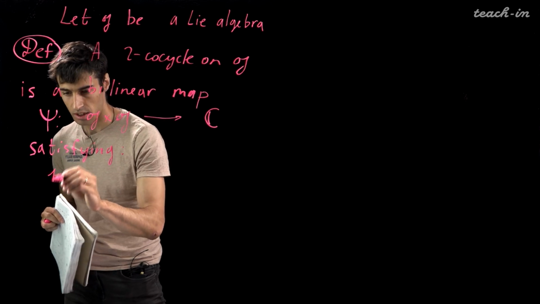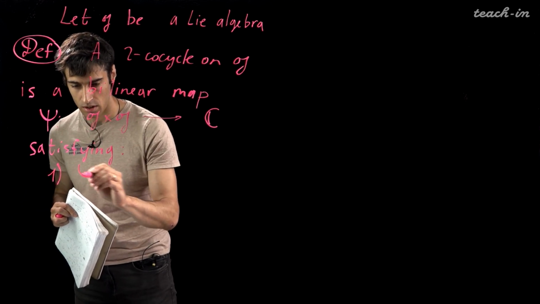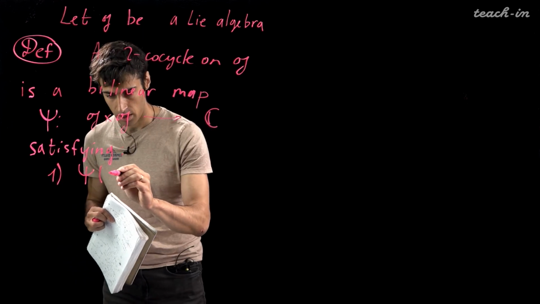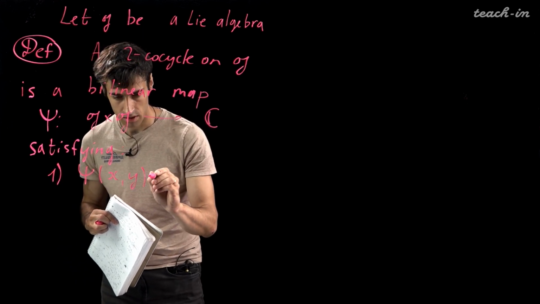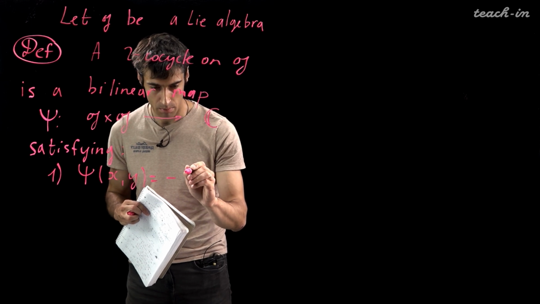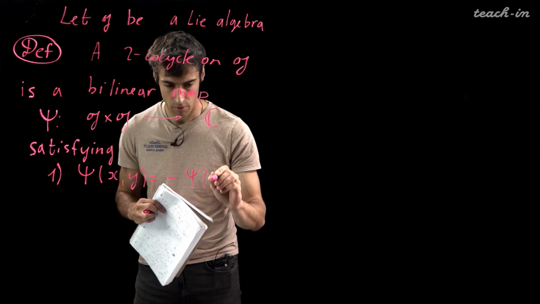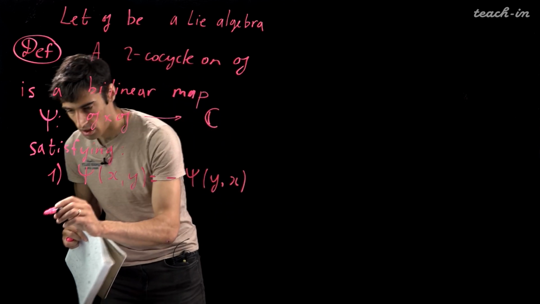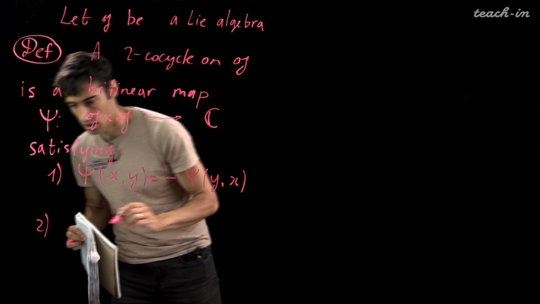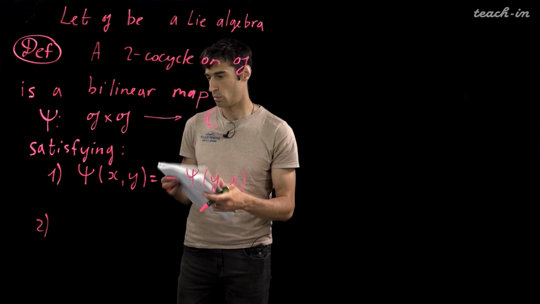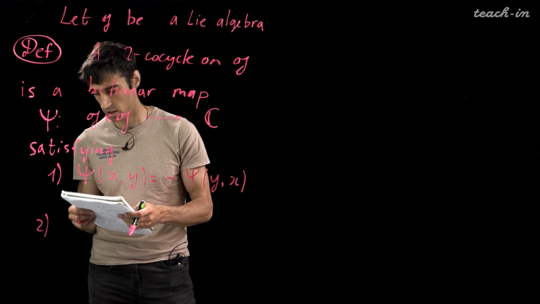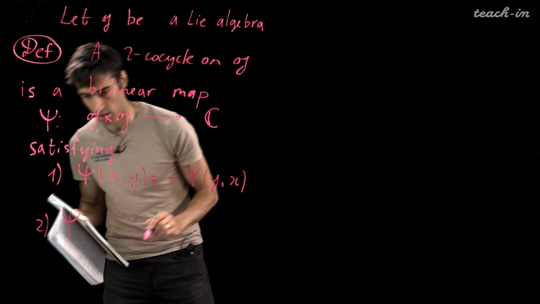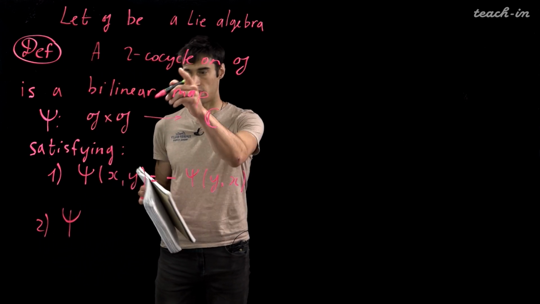First of all, it's antisymmetric, so psi of the pair x, y is negative psi of y, x. And also, it satisfies a property that we will need for the Jacobi identity, that's why it's called a cocycle.